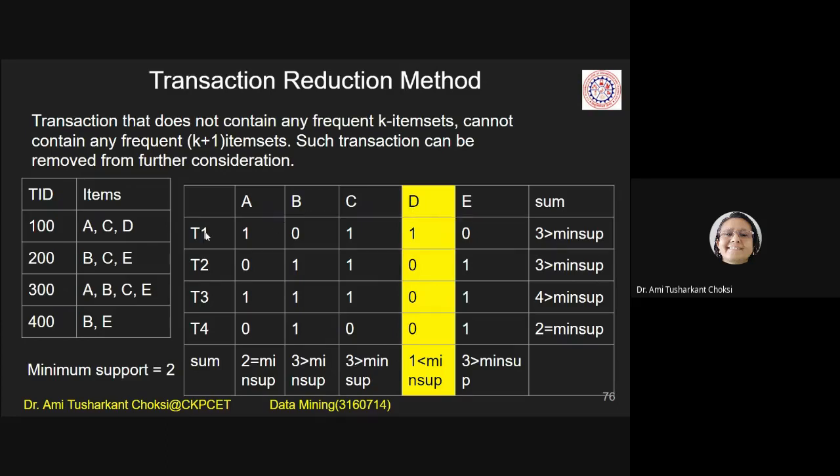They are, say, T1, T2, T3, T4. You can say the IDs are given as 100, 200, 300, 400 and use that, or otherwise you can name them T1, T2, T3, T4, right? It is up to you.